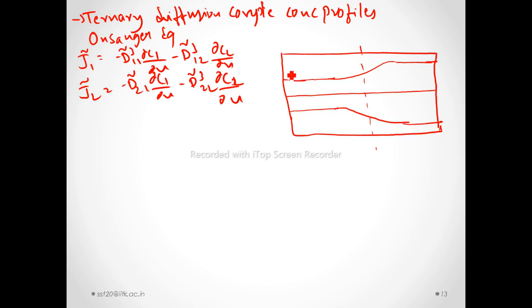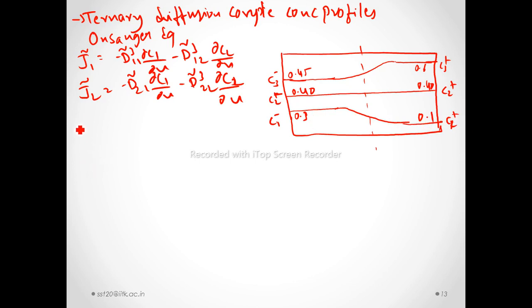C3 minus has 0.45, it is 0.6 for C3 plus. C2 minus has 0.40, and C2 plus has 0.40. C1 minus has a value of almost 0.3, and C1 plus has 0.1.